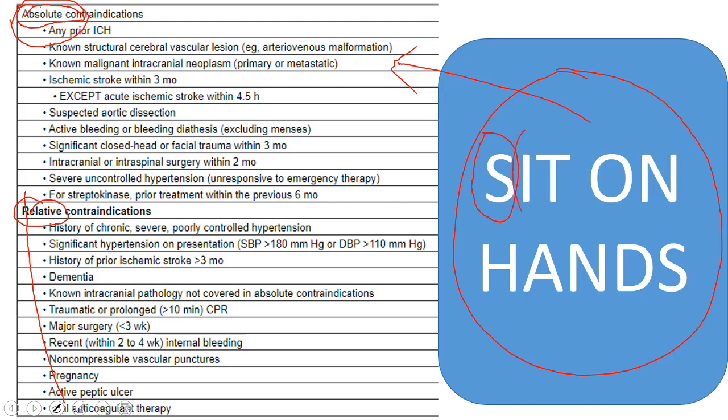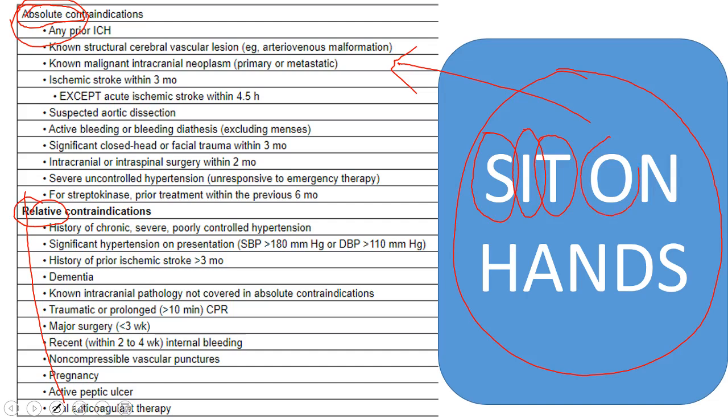If the patient has had an intracranial hemorrhage before, certainly no. Similarly, a significant trauma to the face or the head region in the last quarter, 3 months, certainly no.